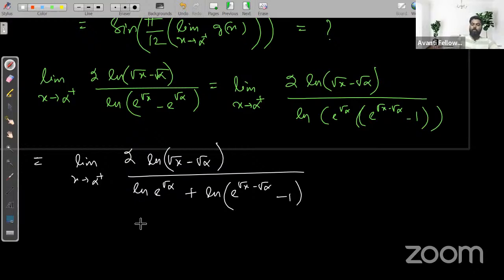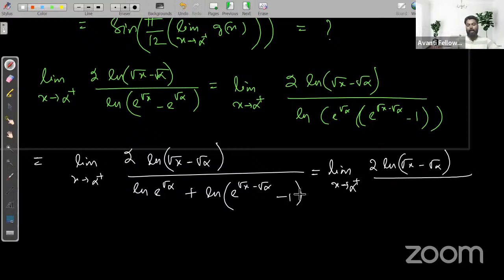Yes. Okay, so again we can simplify it: the limit as x tends to alpha plus, the numerator is 2 ln of root x minus root alpha, divided by root alpha plus ln of e to the power root x minus root alpha minus 1.